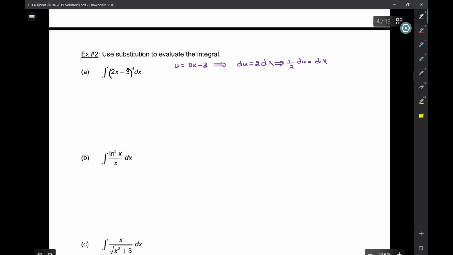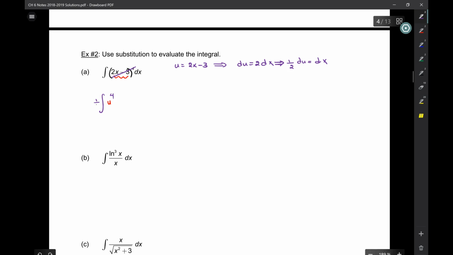No. Okay. Let's see. Here's why I did it. Here's my integral. This is u. So I have u to the 4, right? So now that's done. I've substituted for that. What have I got left over? dx. Okay, so this is what I had before. What is dx? Half du.